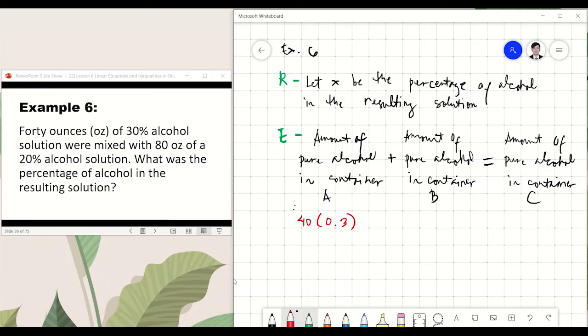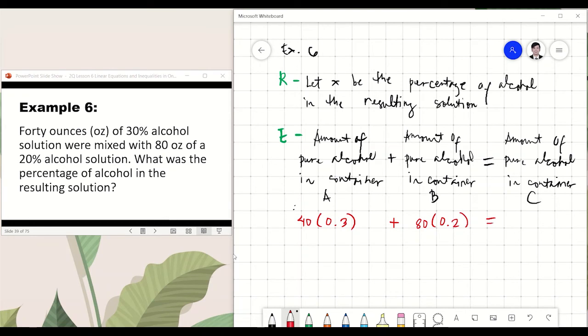Now, added with the amount of pure alcohol in container B, the second mixture. It says that it's 80 ounces of 20% alcohol solution. So we say 80 times 0.2 is equal to, this is now the resulting solution.